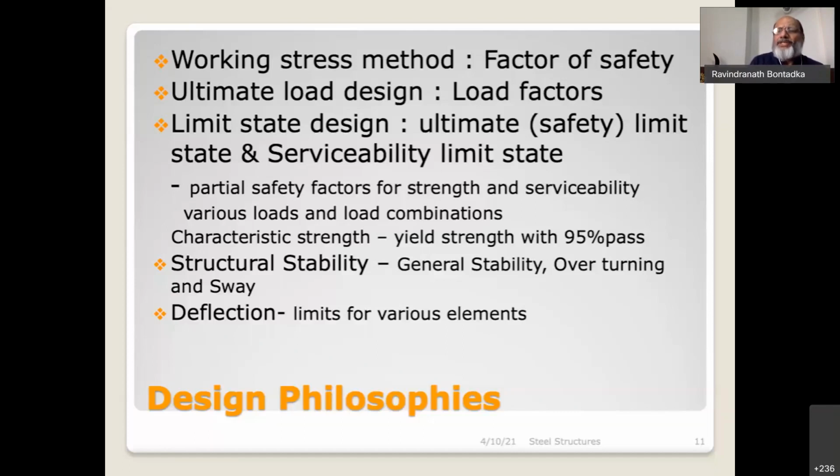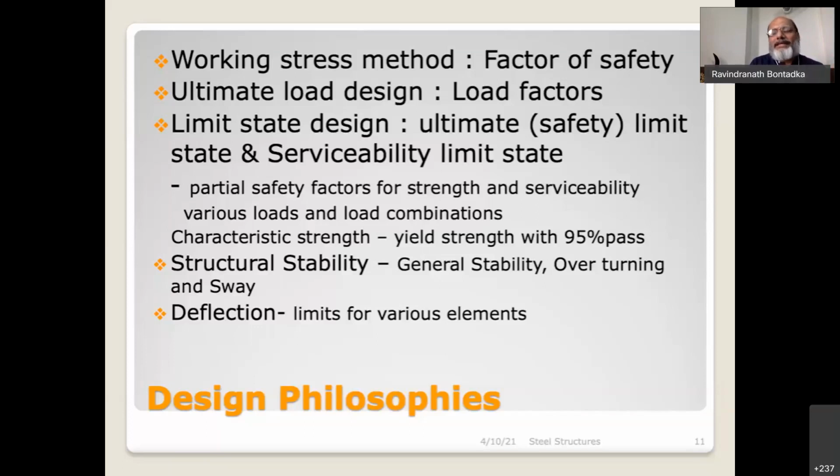Then the most important thing here is that we started using the characteristic strength of the material. That is called yield strength, which we call FC or FCK or FCT, where 95% of the results will pass this strength.